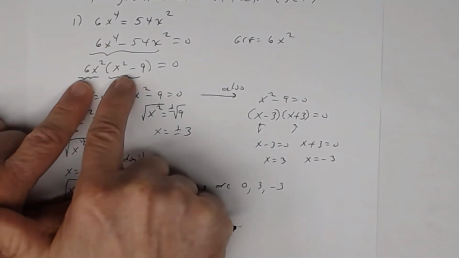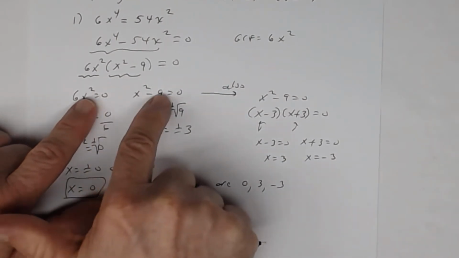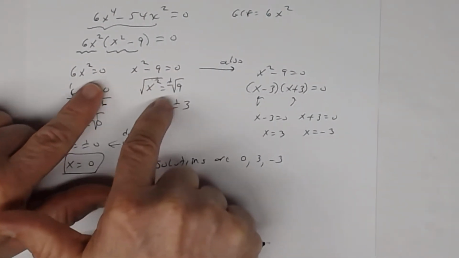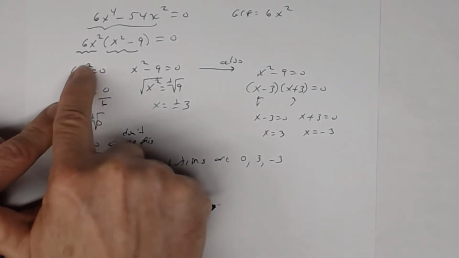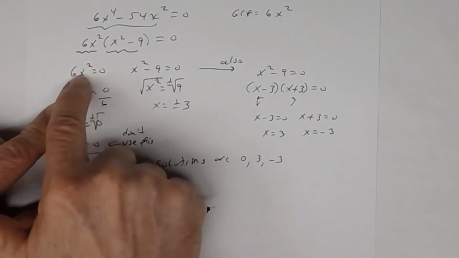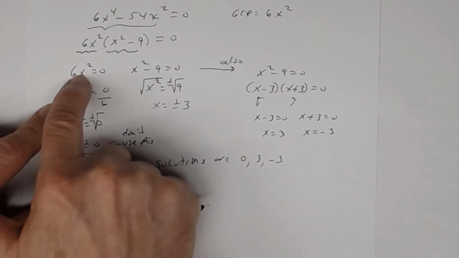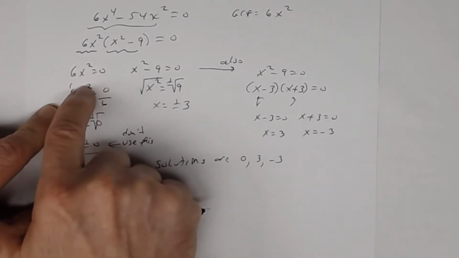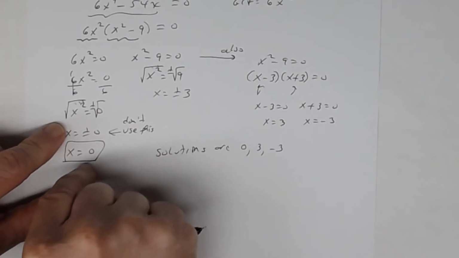Then we use the zero factor property. We set each of those factors equal to 0. And the easy thing about this one is that that's a monomial. So x has to be 0 in order for 6 times some number squared to be 0. So that's why you see that.